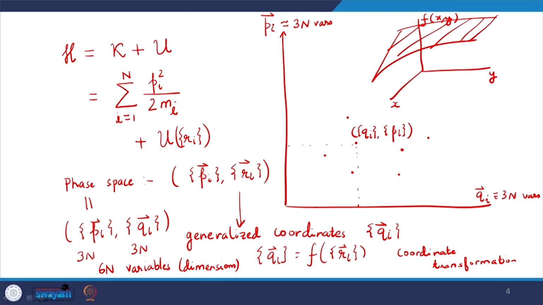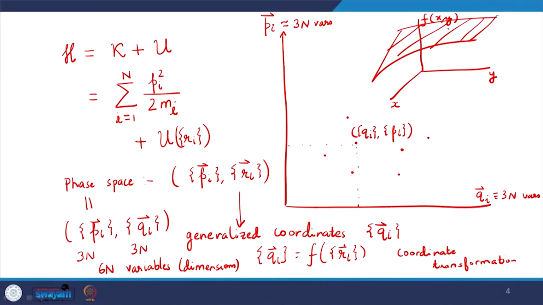A set of coordinates and a set of momenta will give rise to a unique point on this 2D plot, or a unique point in the 6n dimensional space, just like a point on this plot gives me a unique value of x and y.